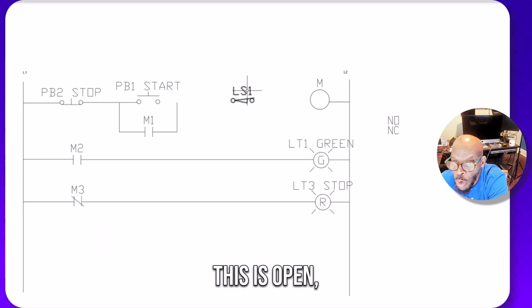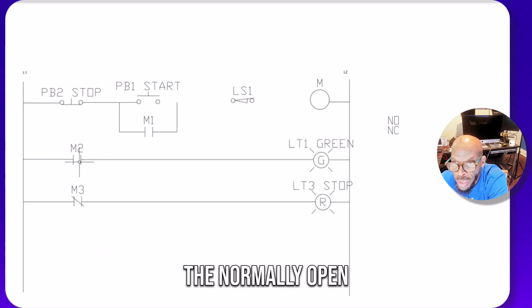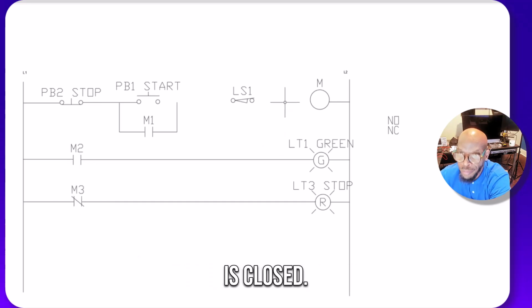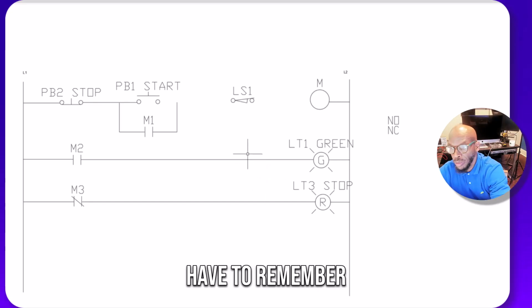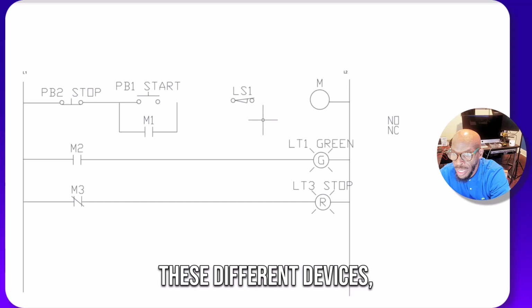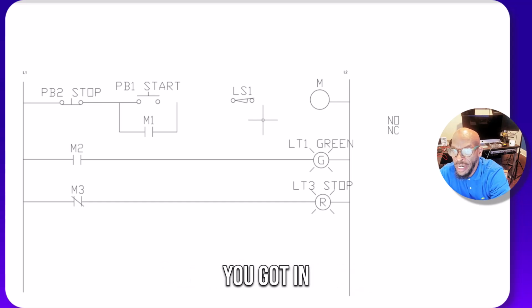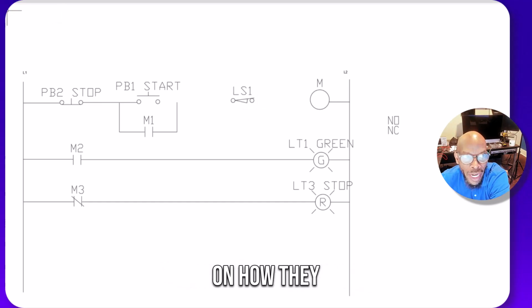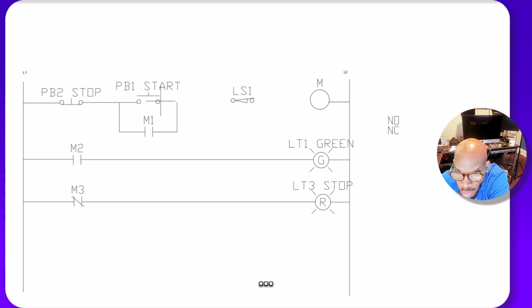When this is open, the normally open is open and the normally closed is closed. So you just have to remember, when you have these different devices, how many different sets of contacts you've got in there, because it depends on how they're wired for how the circuit is going to work. So let's put in our lines so you can see this.